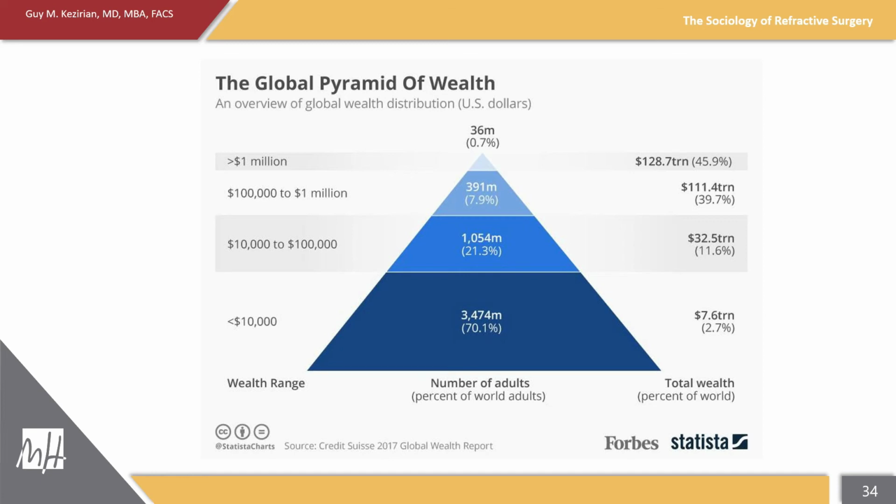One can hope that over time, the shape of this pyramid will reverse and there'll be fewer at the bottom and more at the top. It's going to be some time before we get there. The challenge to us then is to come up with delivery systems and models to be able to provide vision correction for people at all ends of the economic spectrum, and to do so in an affordable and sustainable way.